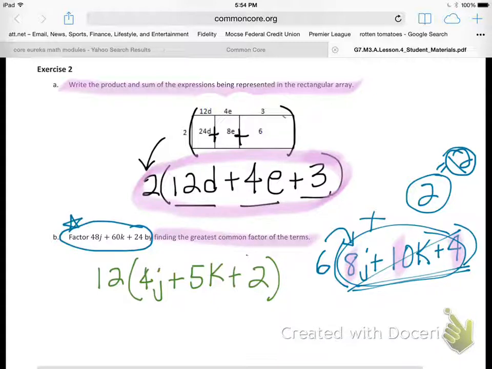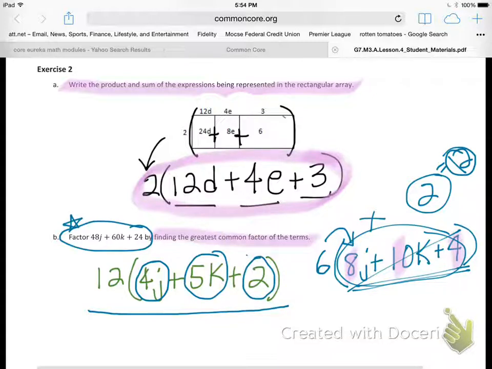I did realize after I wrote that expression down that it was the greatest common factor, because all the terms inside the parentheses now, 4j, 5k, and 2, had no common factor except for 1, of course. So this was completely factored. This is the correct answer.